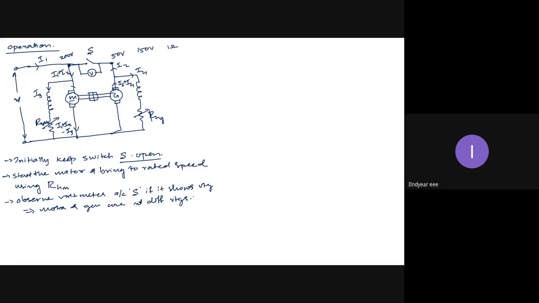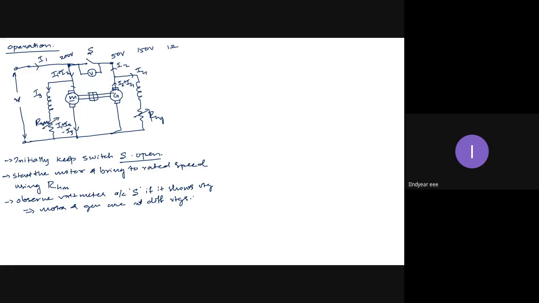One is the supply voltage, the other is the generated voltage, which are connected to the same node. So it is very important that when I am connecting any two active sources, active devices or active elements in parallel, the voltages must be equated.